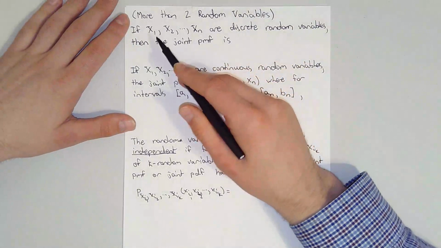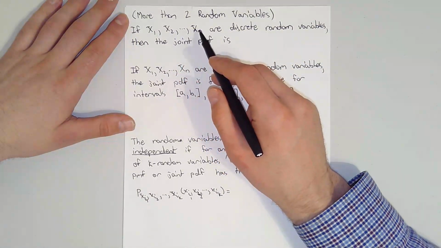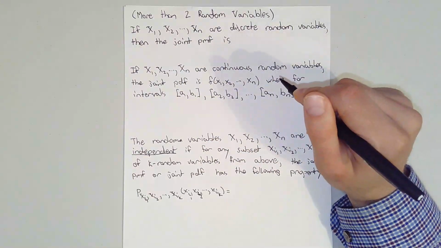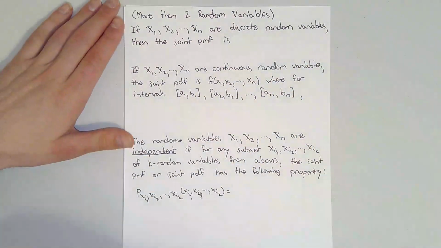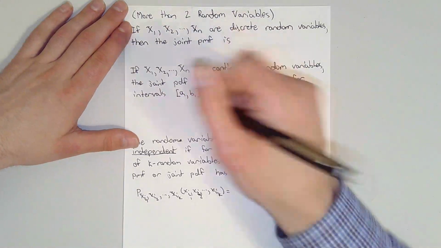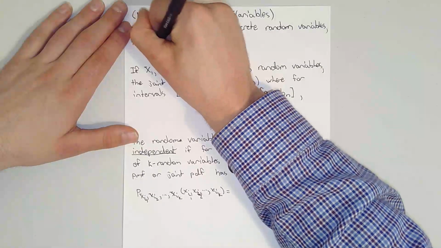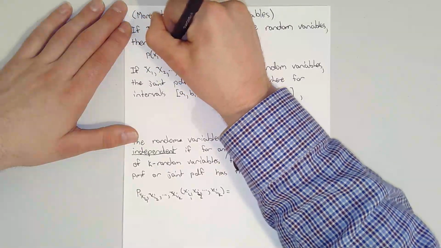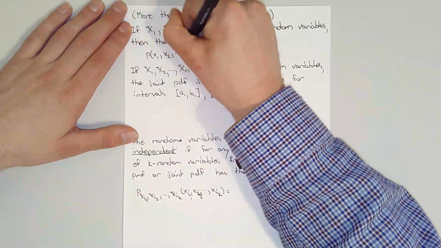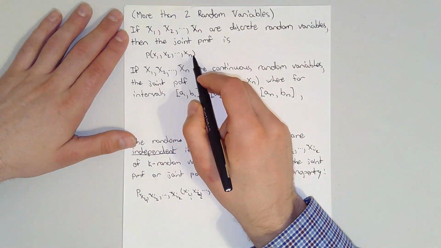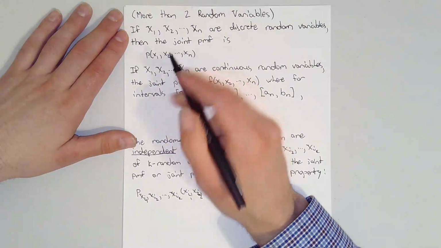If X sub 1, X sub 2, all the way up to X sub n, so we have n discrete random variables, then we have the following definition of the joint PMF, or joint probability mass function. That is p of x sub 1, x sub 2, through x sub n. So this is a scalar function with n arguments.